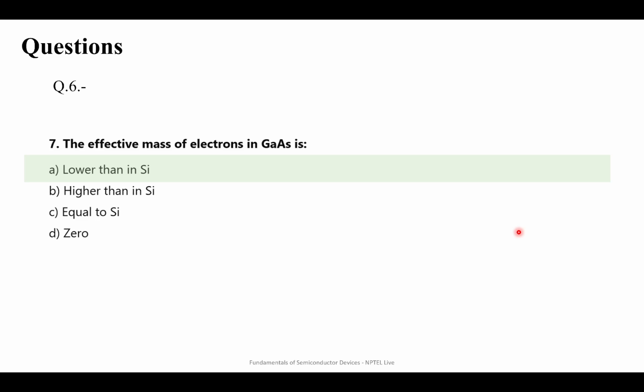The correct answer is actually lower than in silicon. If you remember from previous lectures, the mobility is inversely proportional to the effective mass. So if your effective mass is lower, your mobility will be higher. That is the reason mobility in gallium arsenide is much higher than in silicon, because the effective mass of electrons is much lower.